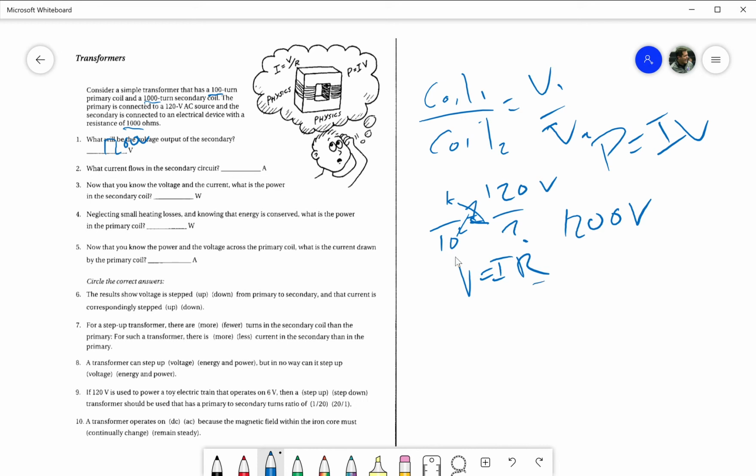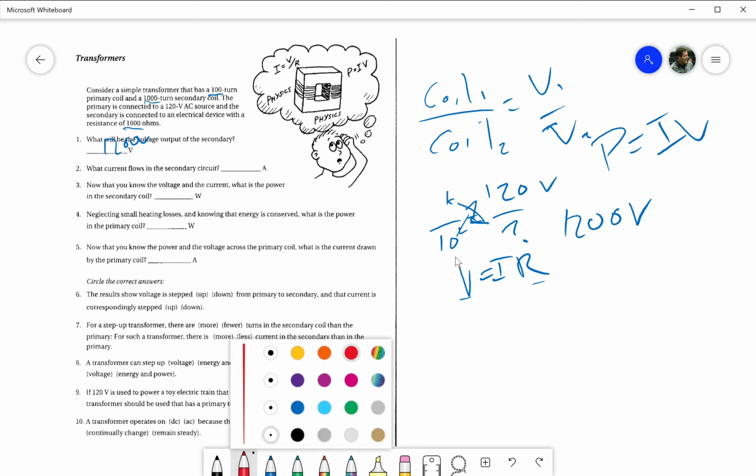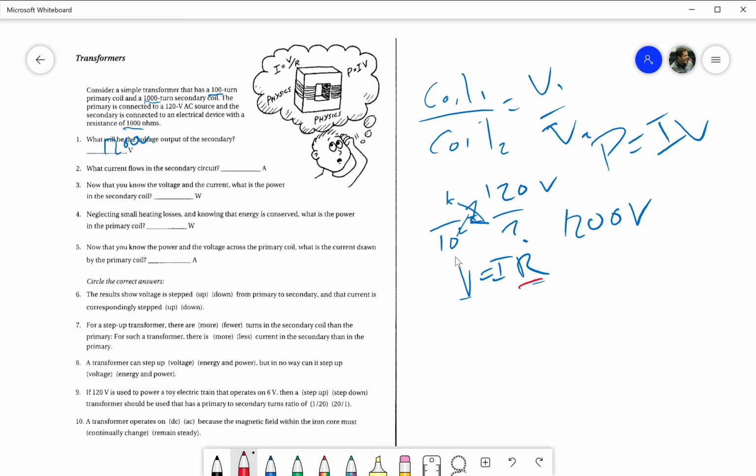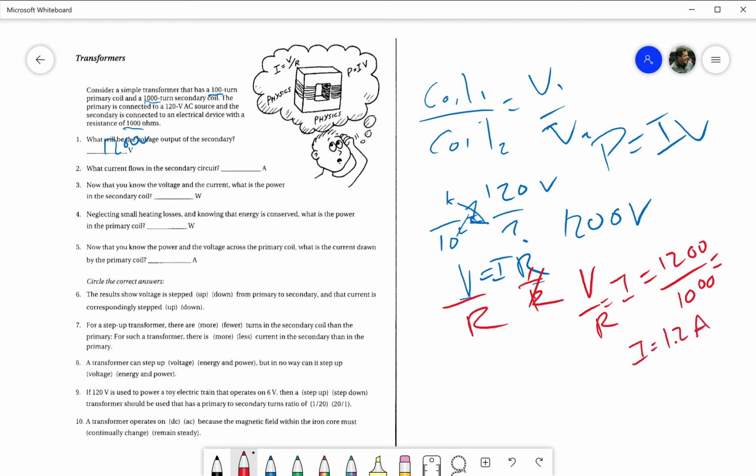Divide both sides by R, so V over R is equal to our current. So we have 1200 volts divided by 1000 ohms, and our I is going to be equal to 1.2 amps.